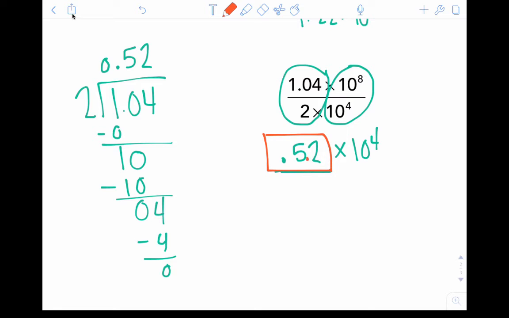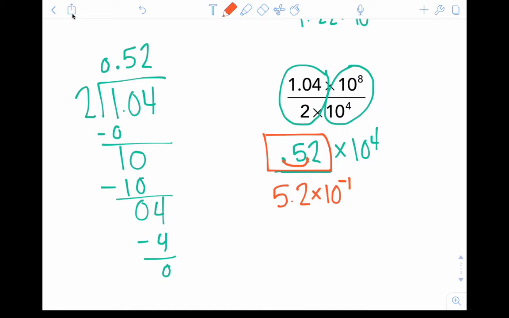So I want my decimal point to be between the 5 and the 2. So this is 5.2 times 10, and then my decimal moved one spot, so my exponent is 1, but 0.52 is less than 1, which makes my exponent negative.